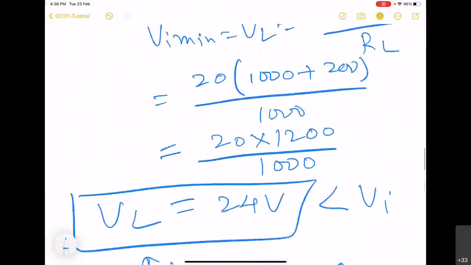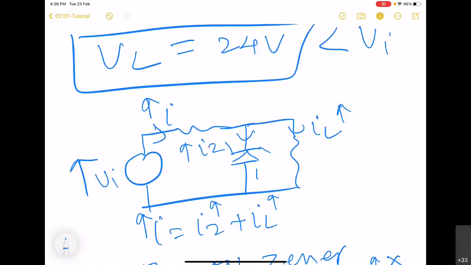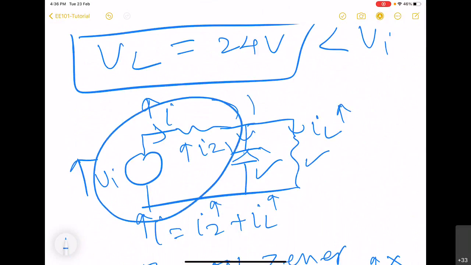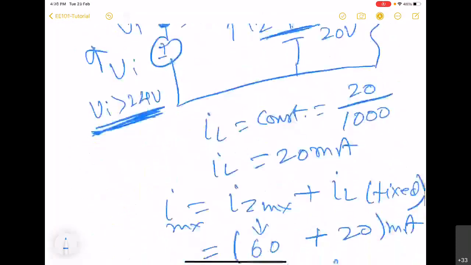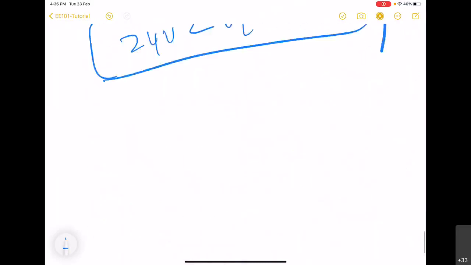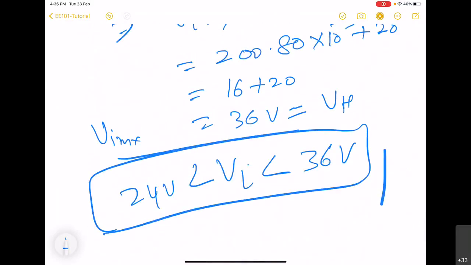So there will be a Zener circuit, Zener diode, and the load will be connected across it, and it will be fed basically by a rectifier. So there also we need to carry out these kinds of calculations to find out what should be the current rating or voltage rating of the Zener.